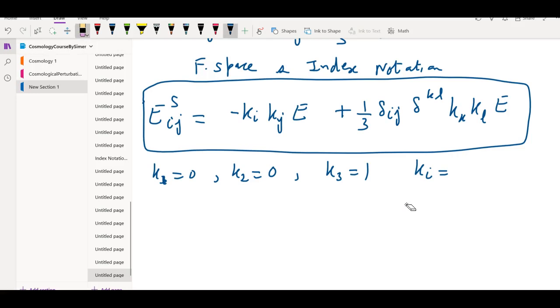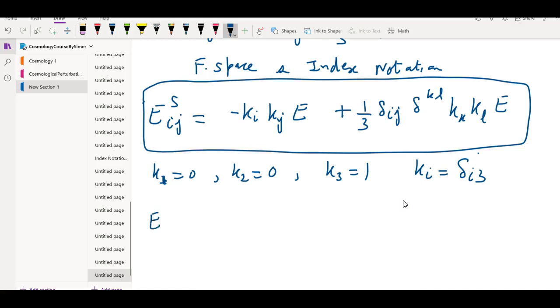So when i is equal to 3 it is 1, otherwise it is 0. Perfect.